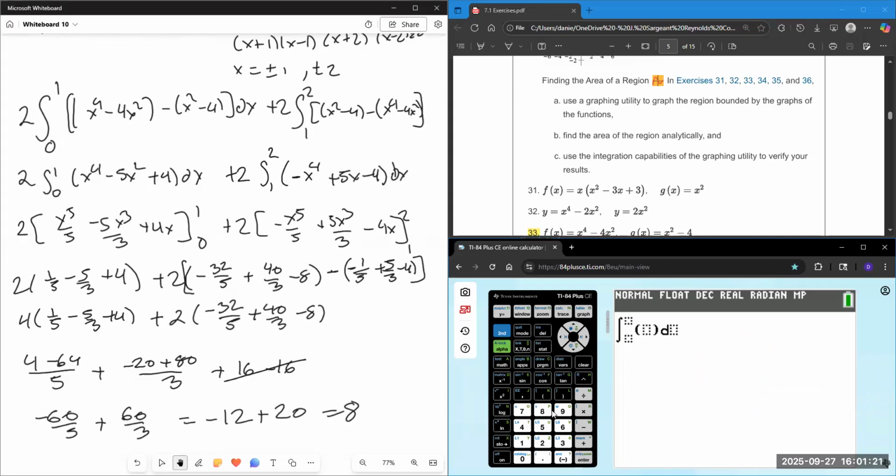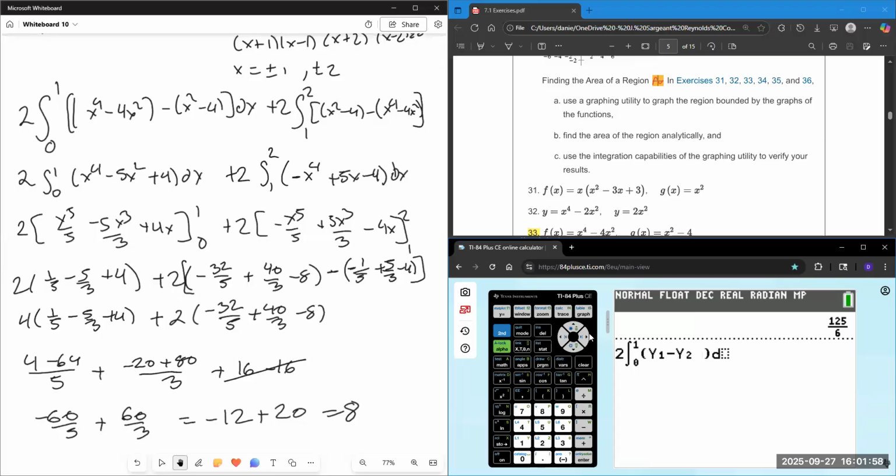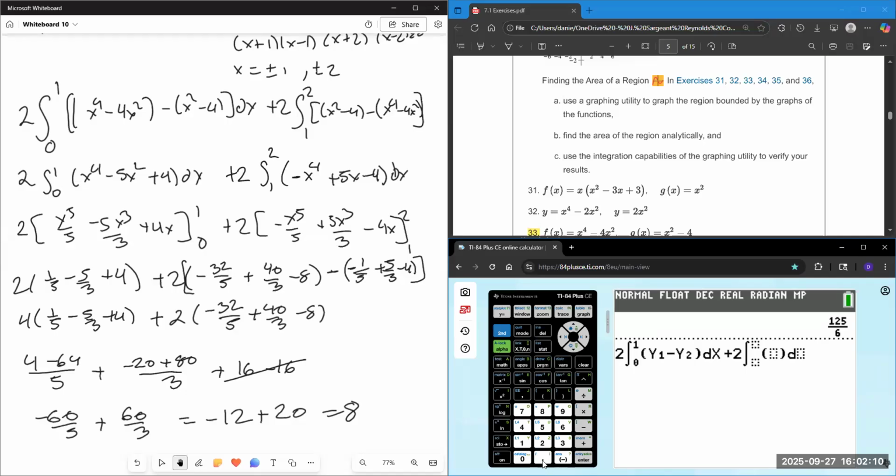I have 2 times the integral from 0 to 1 of Y-VARS function y1 minus Y-VARS function y2 dx, plus 2 times math, integration, 1 to 2 of, and then this is going to switch to y2 minus y1.